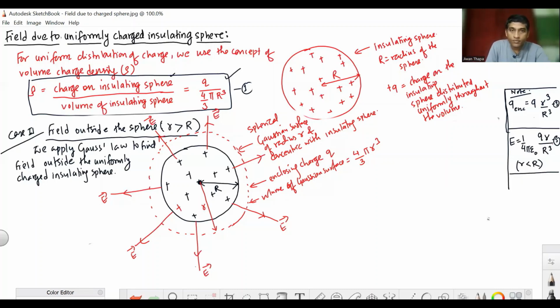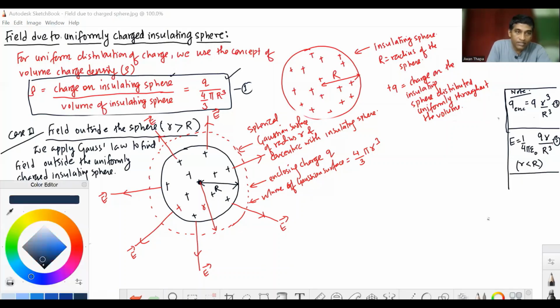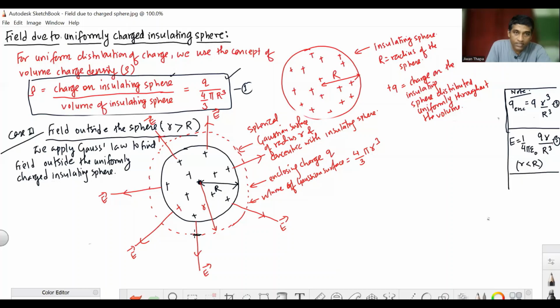Now, let us take a small elementary area on the outer region of the Gaussian surface, as we did earlier.